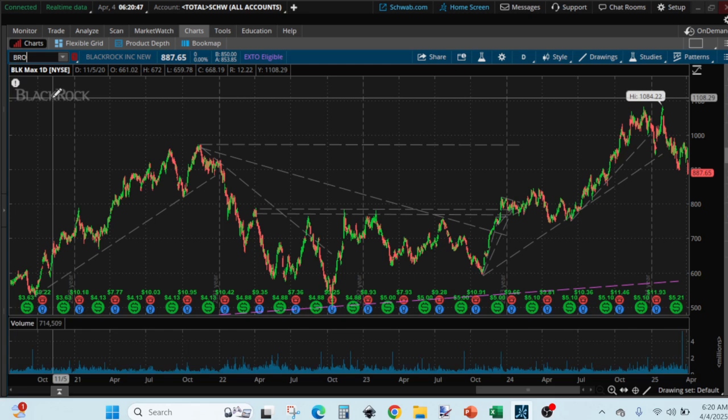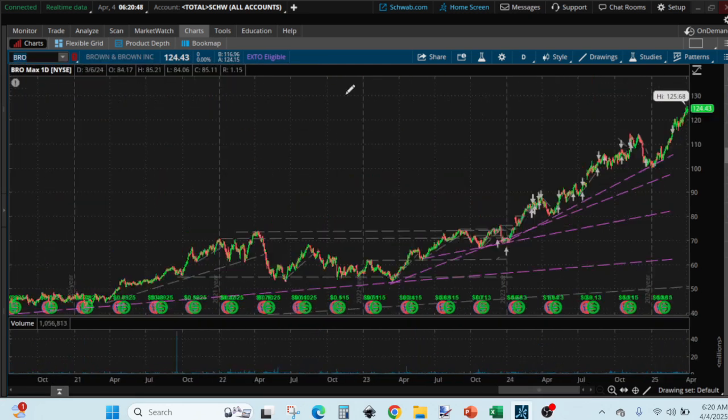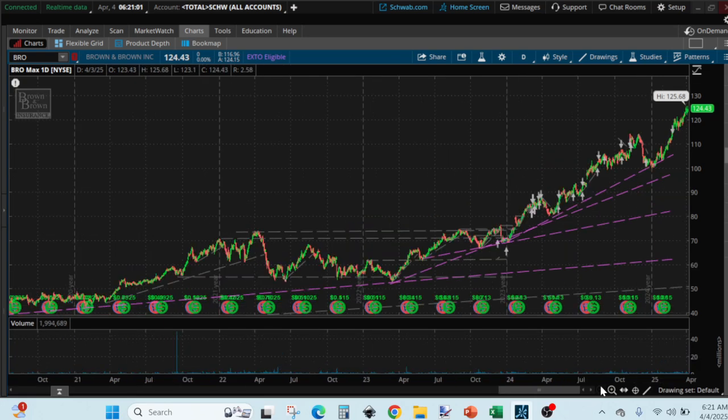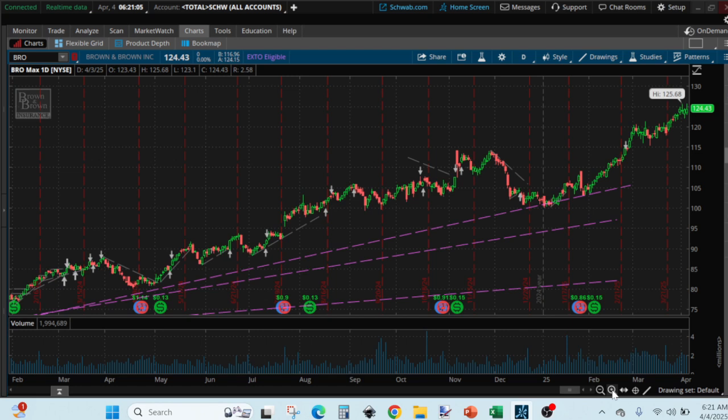And BRO, yesterday the price went up. Let's get closer to it. You can see we have multiple trend lines here that we trace to follow it, but it reached a new high some days ago, and pretty much for multiple days it has been going up.